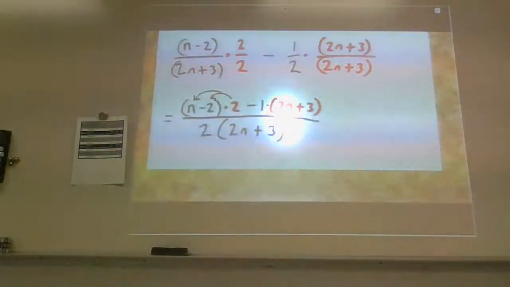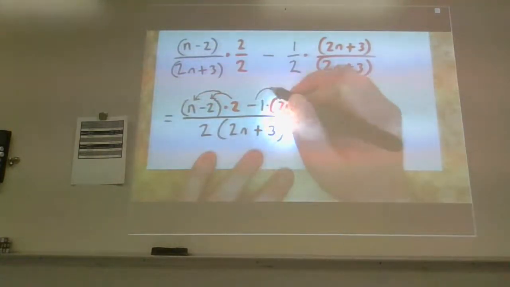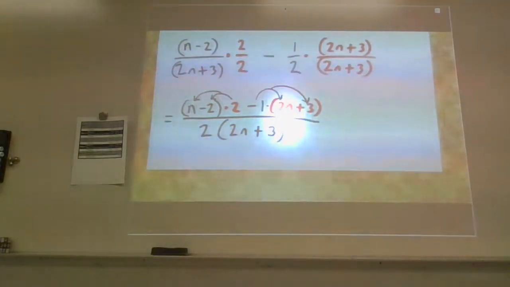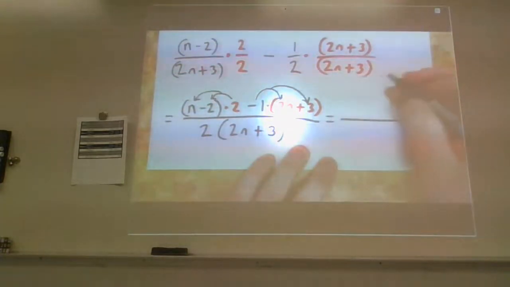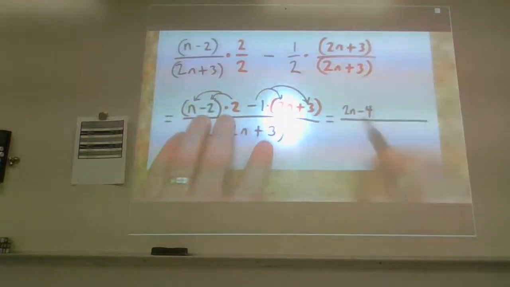This 2 needs to be distributed, and it's not just a 1. It's a negative 1. A negative 1 that needs to be distributed. If I do that first distribution, I get 2n minus 4.